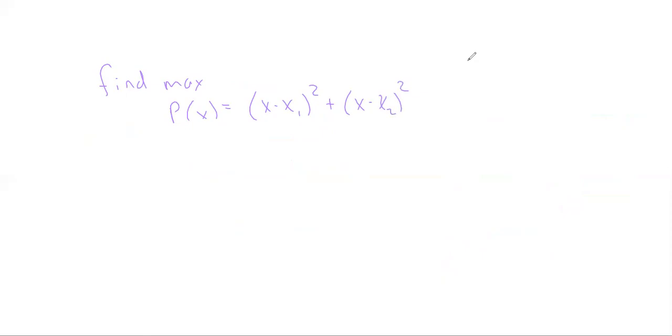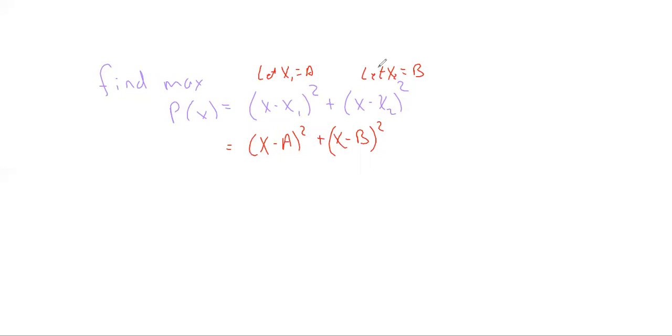Well, me personally, guys, this problem I've never liked in the book because that's far too many x's. You get confused. You need to realize that x1 and x2 are not x's. So I'm going to let x1 equal a and let x2 equal b, and then rewrite it: x minus a quantity squared plus x minus b quantity squared.